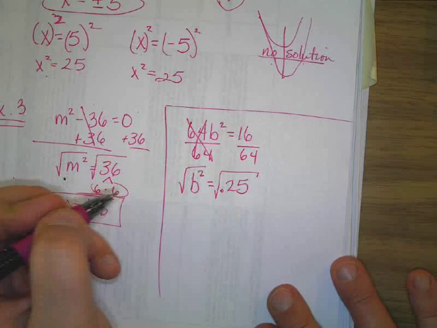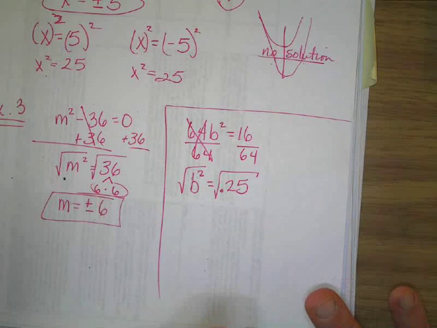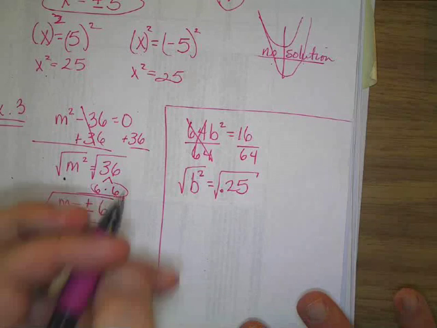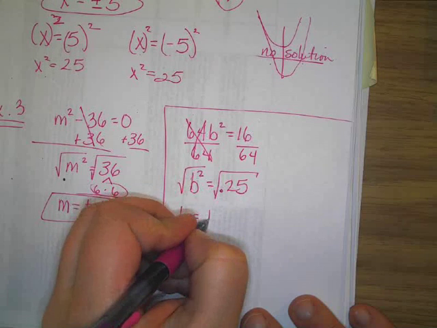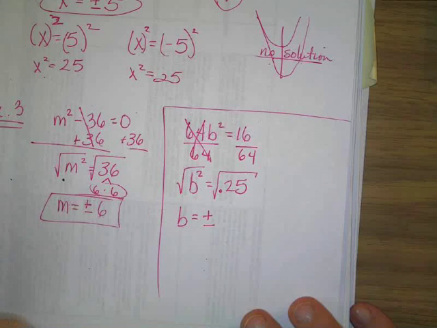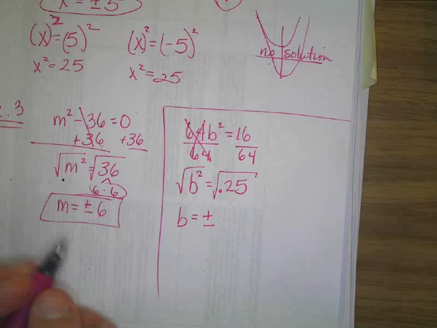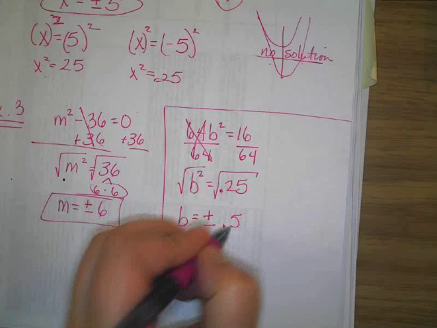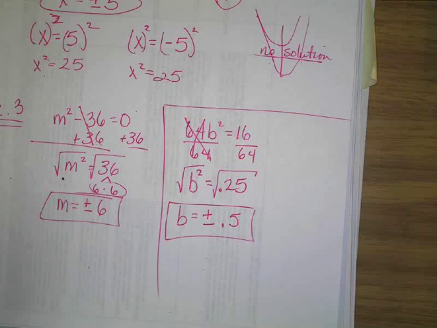Most calculators, even your iPhone calculators, if you tilt it sideways, will let you do square roots. The one thing most calculators won't tell you is that when you take the square root, it's plus or minus. So what's the square root of 0.25? Not 0.05, it's just 0.5. It's a little tricky.